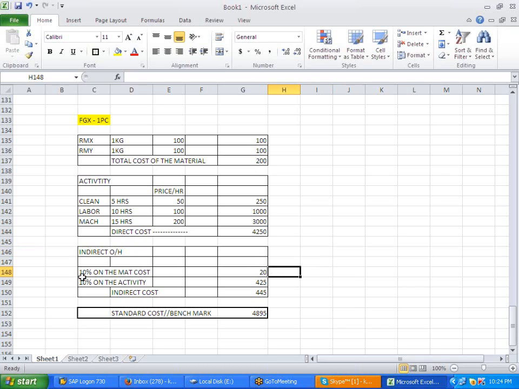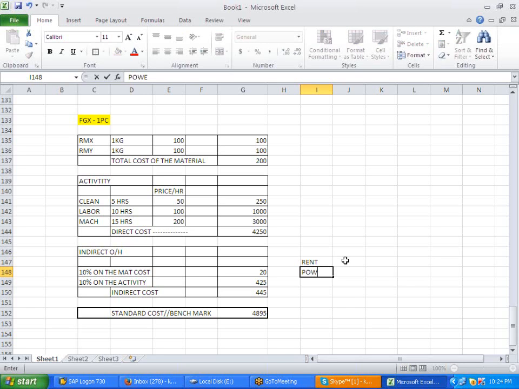When you are saying rent, that is what I'm telling over here. In these indirect overheads, all my rent, my power, or whatever it is, all those indirect costs, I am trying to put as 10% of the material cost, and that will be my indirect cost. See, rent, power, these are the things we were saying, right?